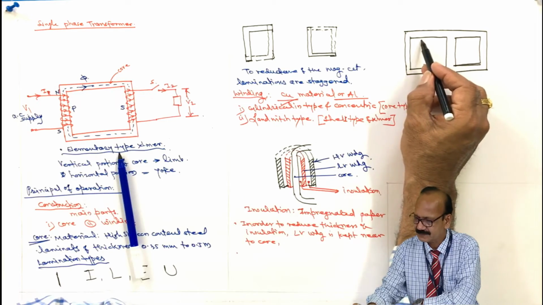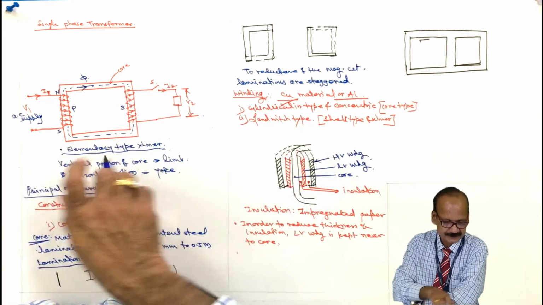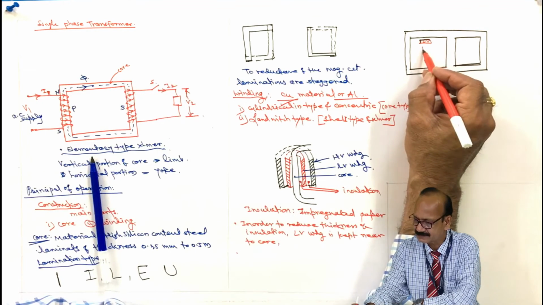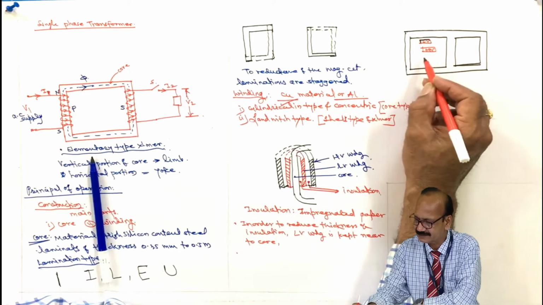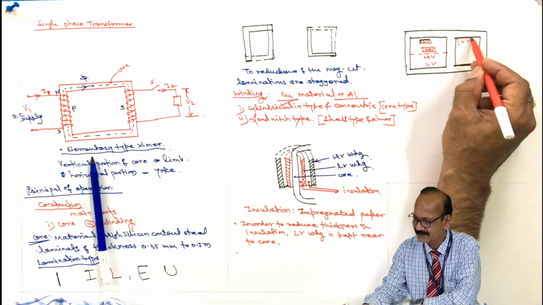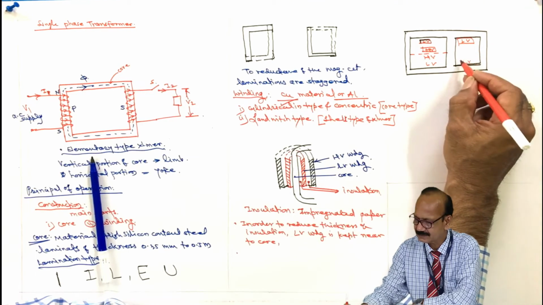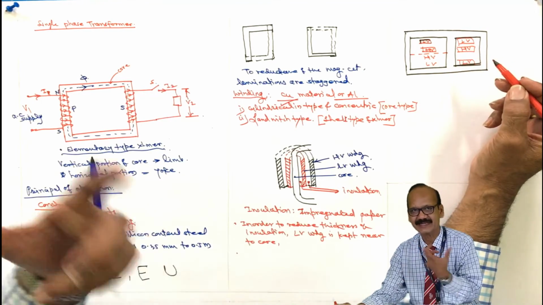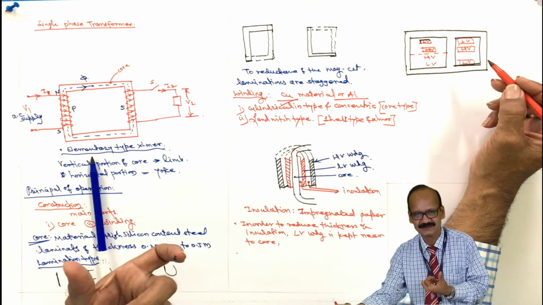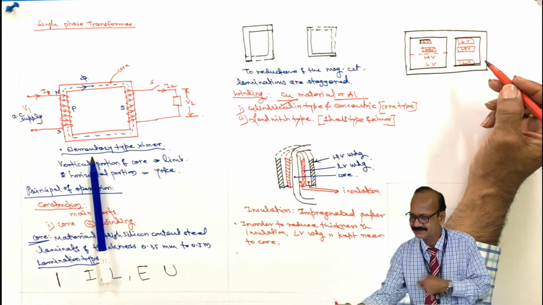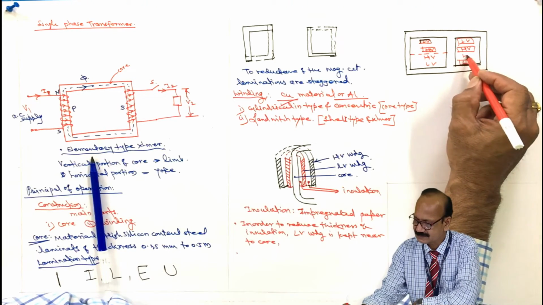Now see here, here also this is LV winding, then HV winding, then here HV winding, and here it is LV winding. LV is placed near the core, then HV. This is like a pancake. It is in the form of discs. A number of winding discs are connected in series and they are placed one above the other.